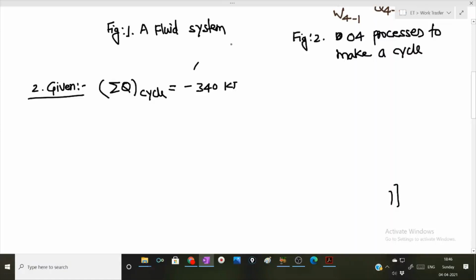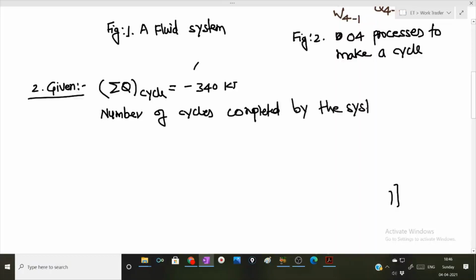And the number of cycles is also given. Number of cycles completed by the system is equal to 200 cycles per minute.